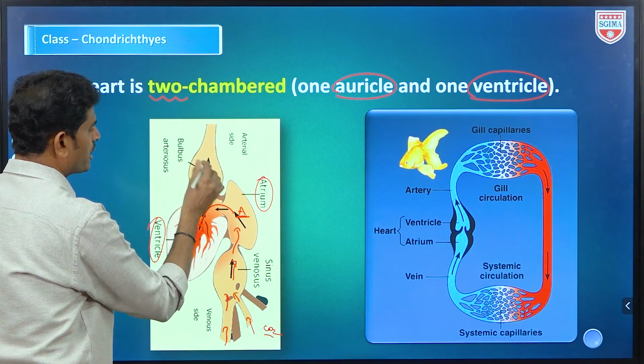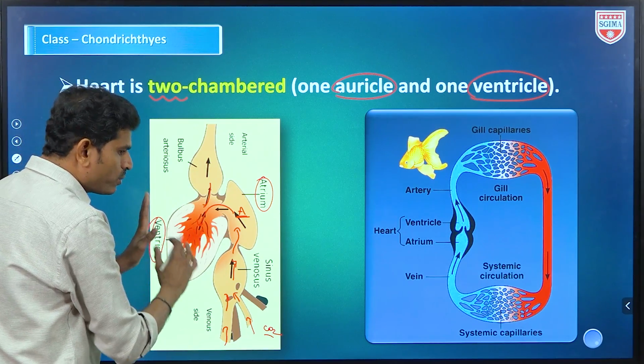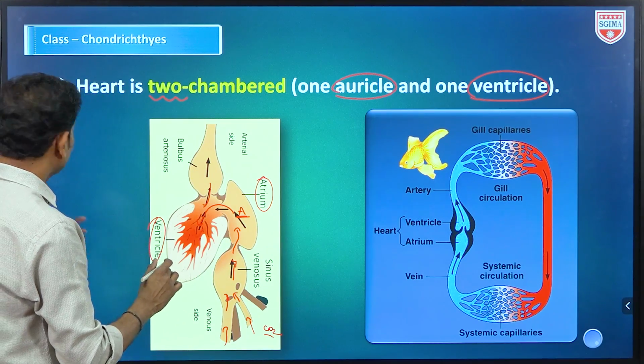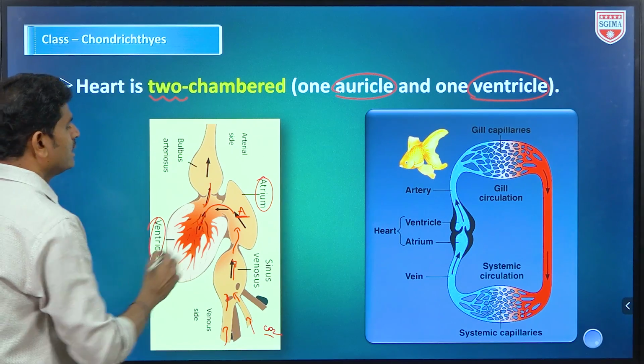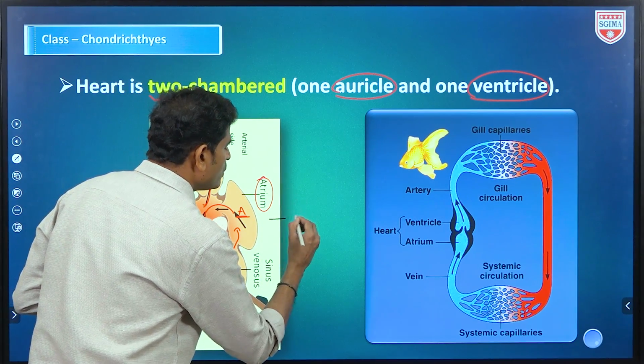This is the bulbus arteriosus. Here the blood is totally CO2 blood only.